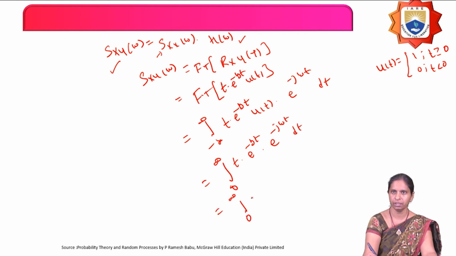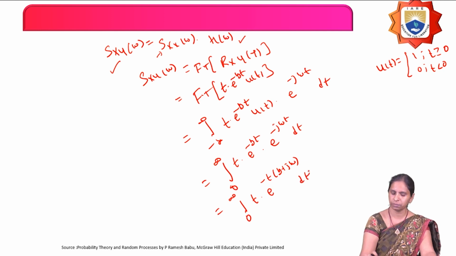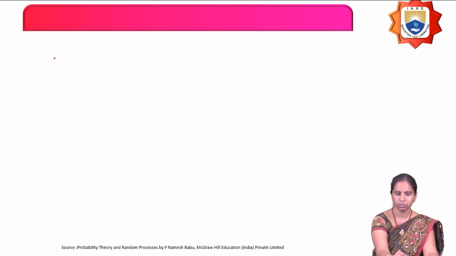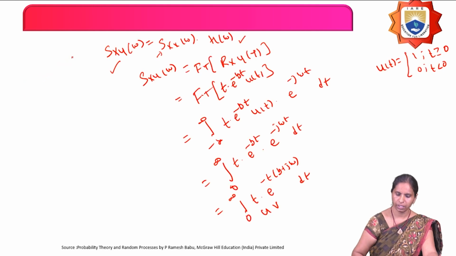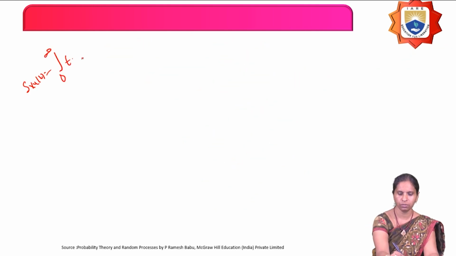Integration from 0 to infinity of t into e power, if you take minus t common, you will get b plus j omega, into dt. Now you have to use the uv formula. So Sxy of omega equals the integral of t into e power minus t into b plus j omega dt.